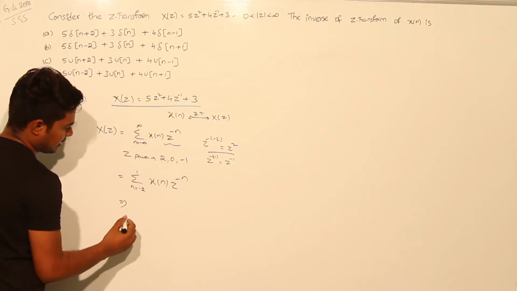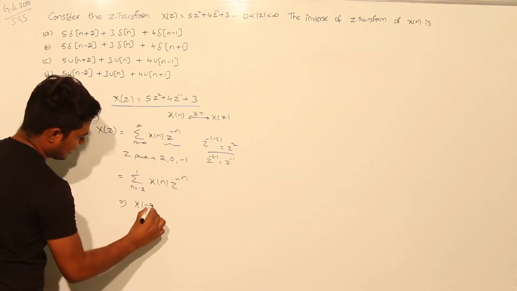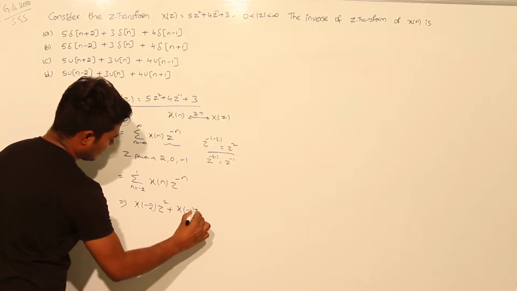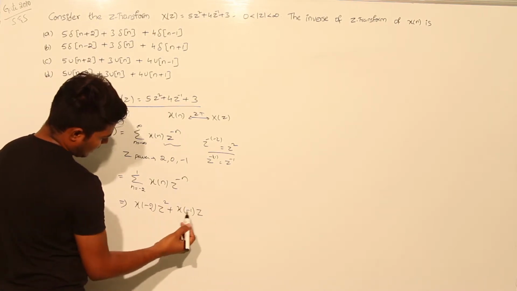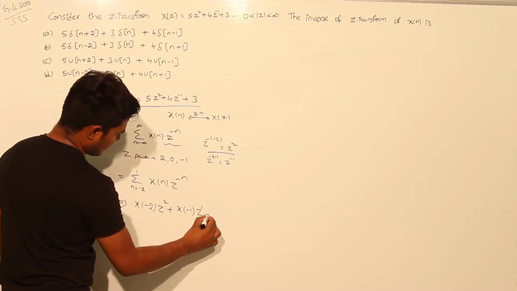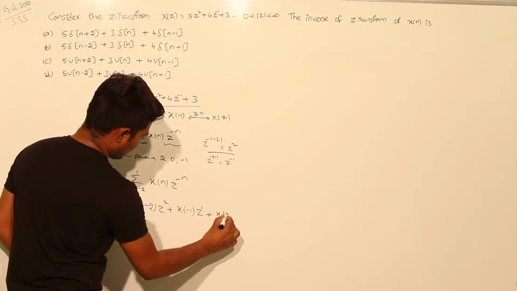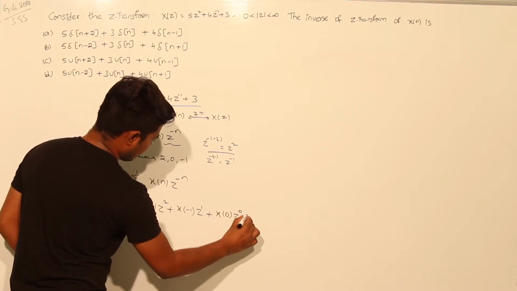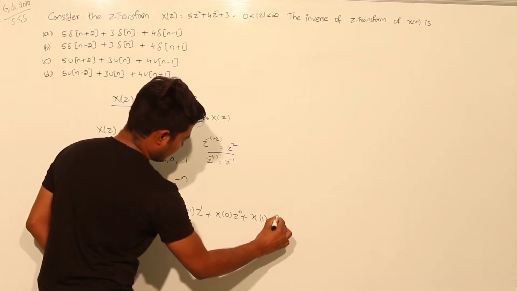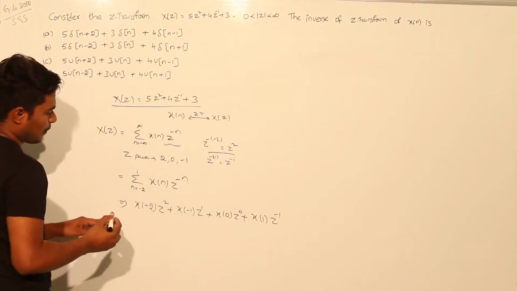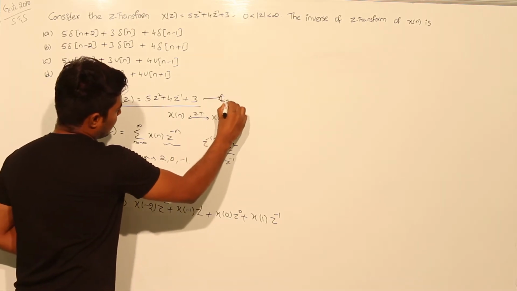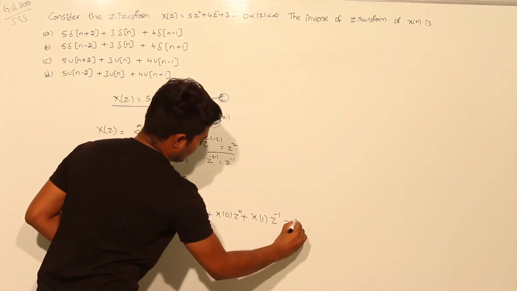Now expand these terms: it will become x of minus 2 z square plus x of minus 1 z power 1 plus x of 0 z power 0 plus x of 1 z power minus 1. Let this be equation 1, and the given one equation 2.